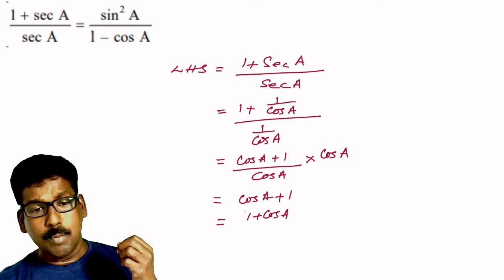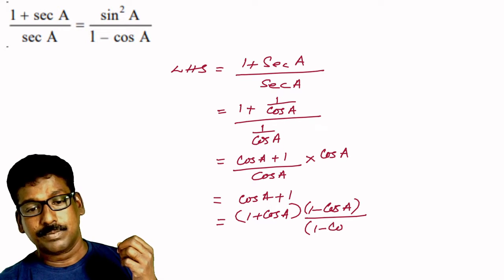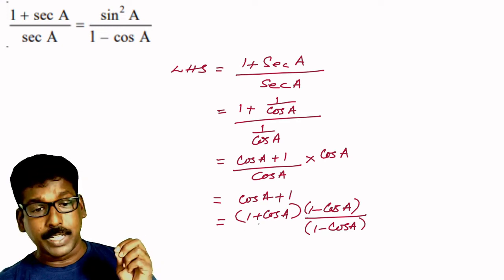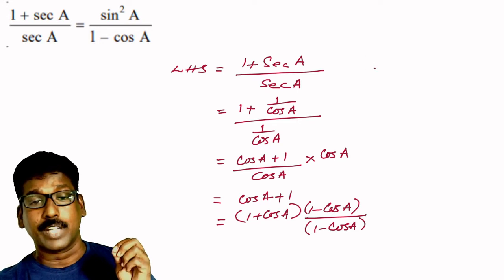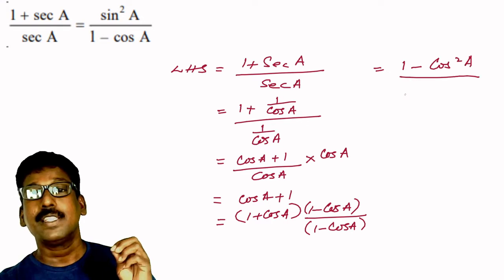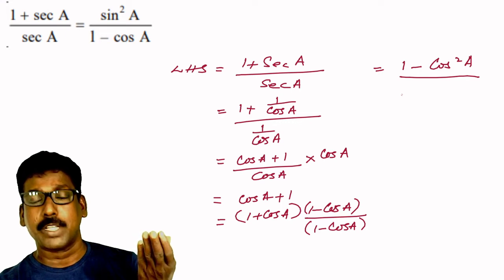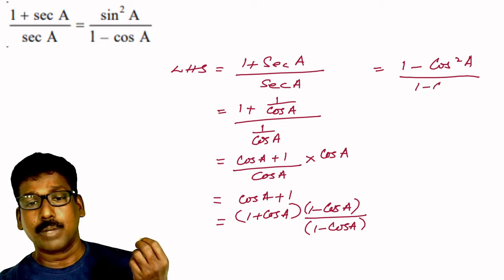Now multiply by 1 minus cos A by 1 minus cos A, which is equal to 1. What will be the numerator? 1 plus cos A into 1 minus cos A, which is in the form of a square minus b square, so it is 1 minus cos square A, divided by 1 minus cos A. What is 1 minus cos square A?